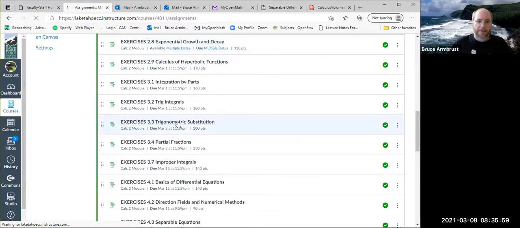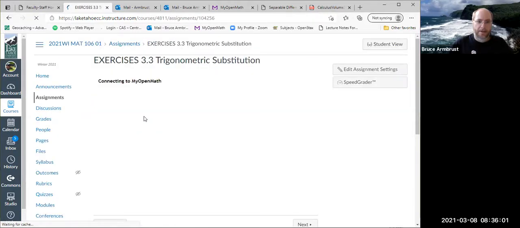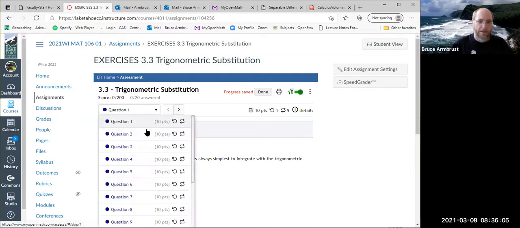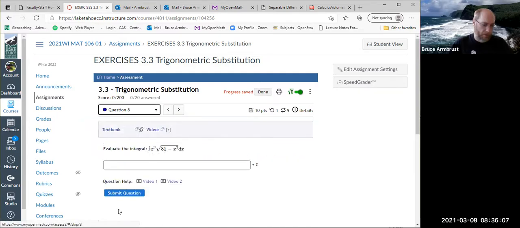All right, trig substitution, number 8. Okay, so we've got an integral of x cubed times the square root of 81 minus x squared.